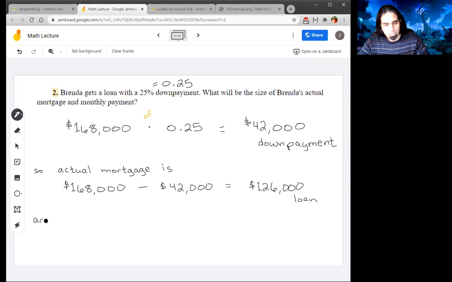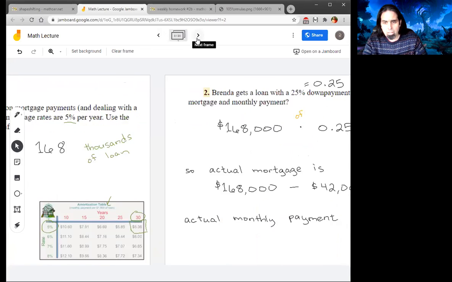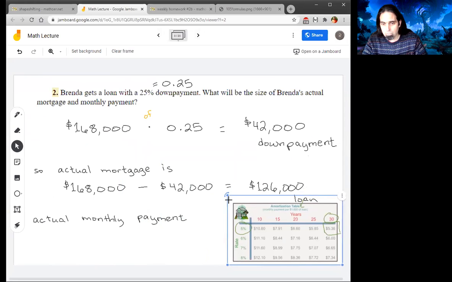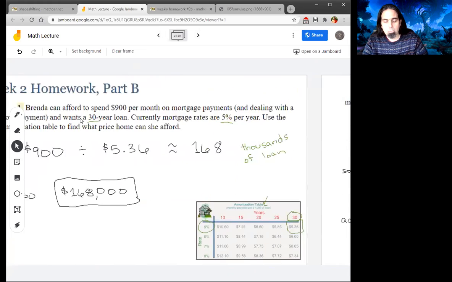And the actual monthly payment, so before we used this table and got that she could have 168,000 of loan for a $900 monthly payment.